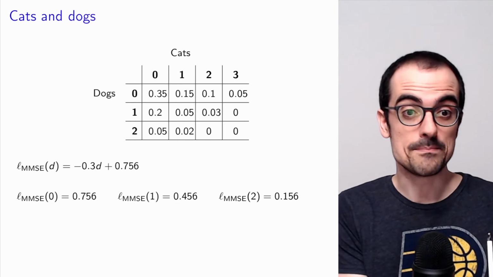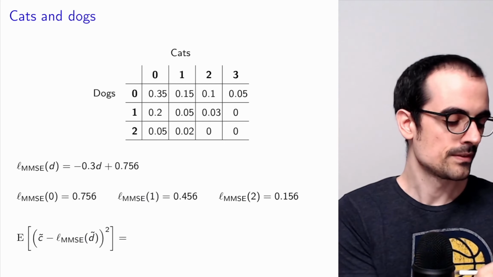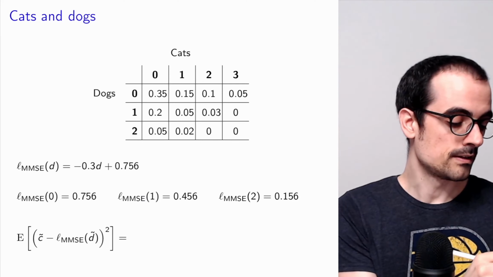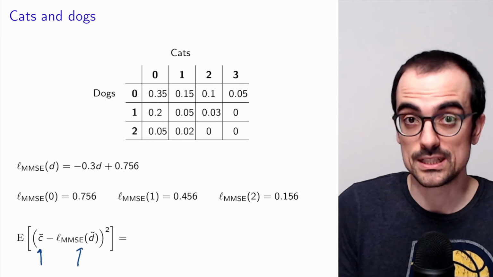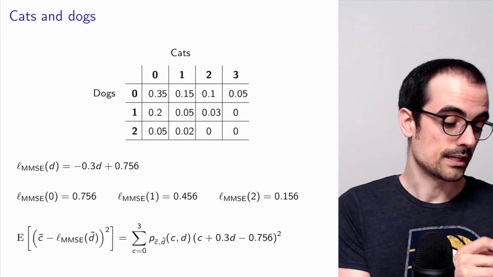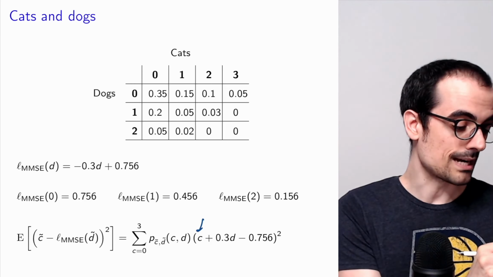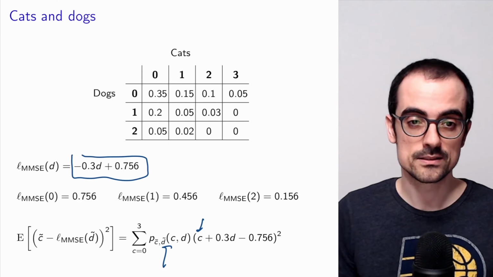Let's take a look at what's the mean squared error of this estimate. How do we compute the mean squared error? Well, we compute the mean value of the true value of cats minus the estimate, which is only a function of the dogs. So here we would plug in all the possible values for C, subtract this value from them, and multiply by the corresponding probability.